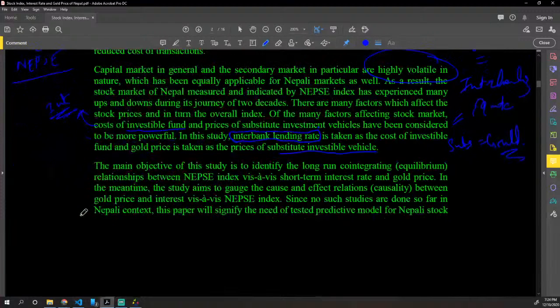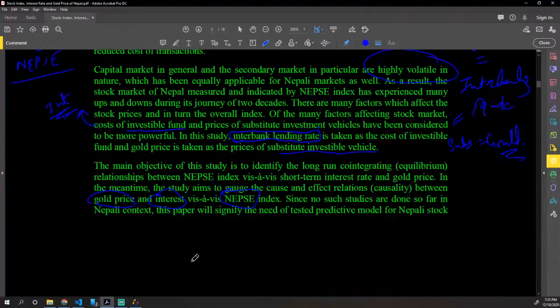The main objective of the study is to identify the long-run co-integrating equilibrium relationship between the NEPSE index and short-term interest rate and gold prices. In the meantime, the study aims to gauge the cause and effect relations, or causality, between gold prices, interest rate, or vice versa, and the NEPSE index.